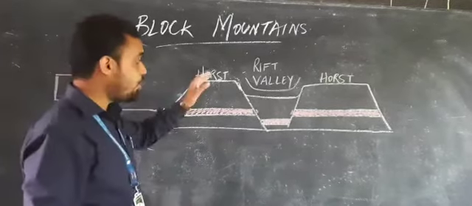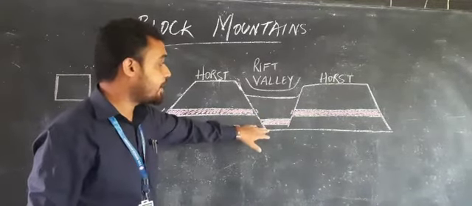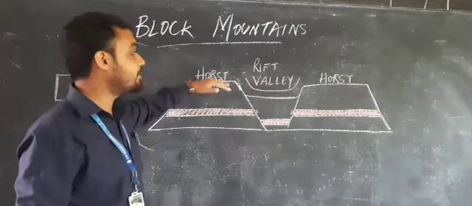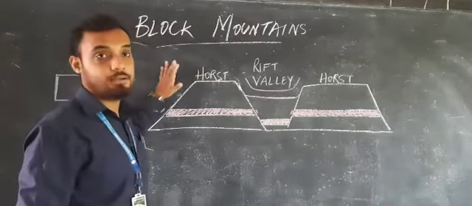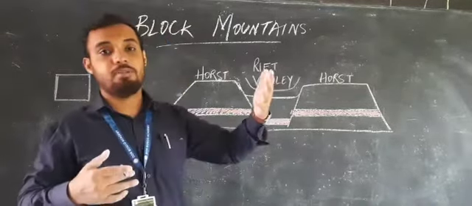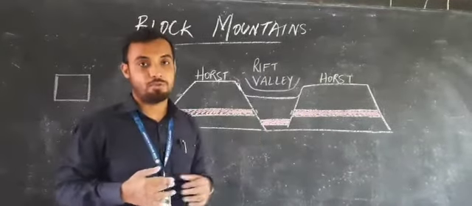Now, what happened when the crack took place? This portion came down, and automatically the other area rises up. We have seen that if anything rises up, it becomes a mountain, a risen area above the surface of the earth.